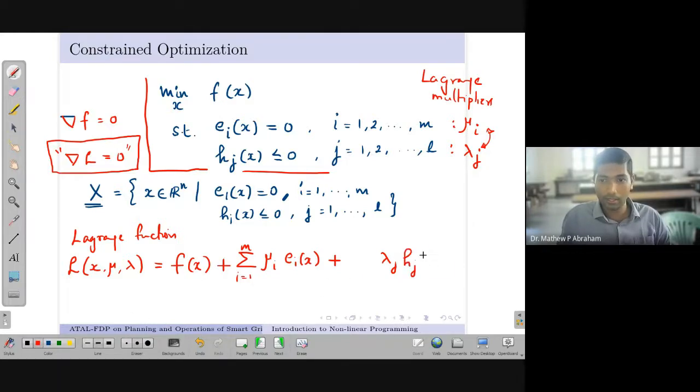These correspond to the inequality constraints, and the lambda_j's are the Lagrange multipliers corresponding to the inequality constraints. We have L of them, so j is equal to 1 to L. This is the Lagrange function.